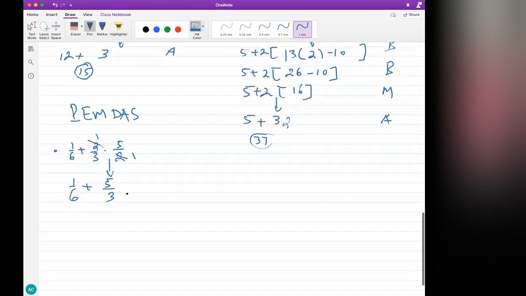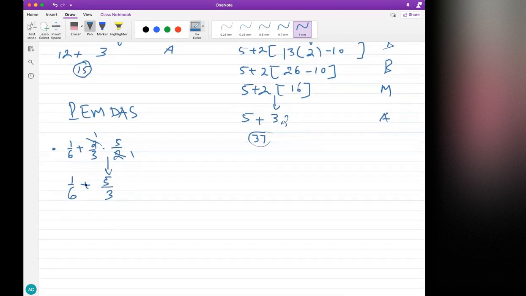What happens next? Can we add these two right away? Which ones? These last 2 fractions. We need the same denominator. That's right.